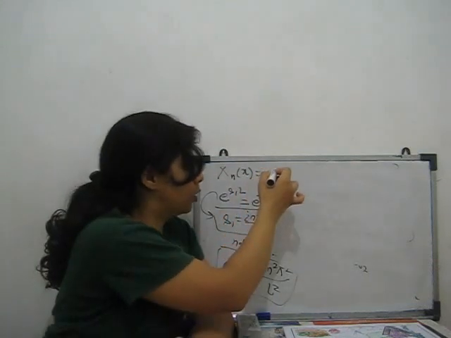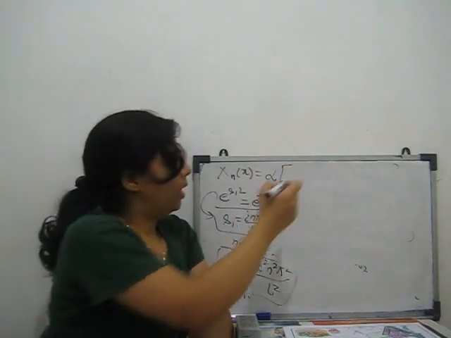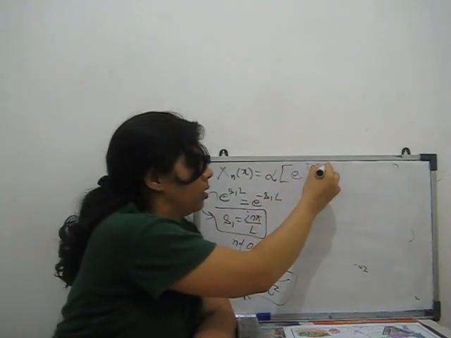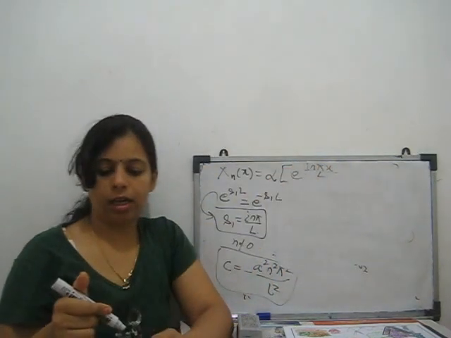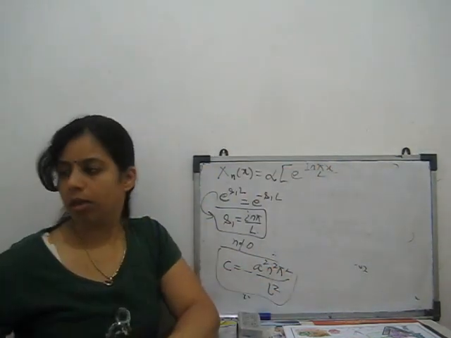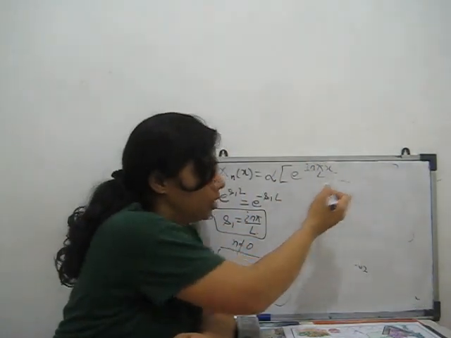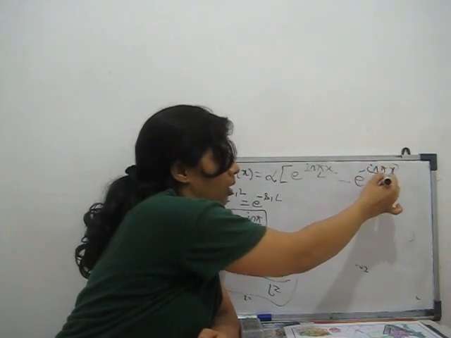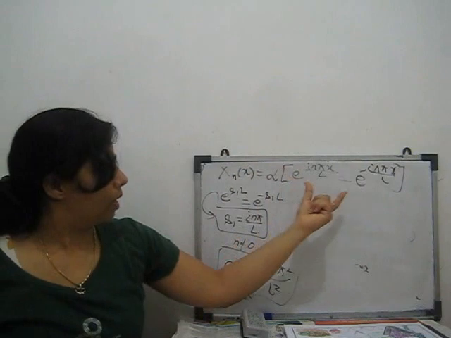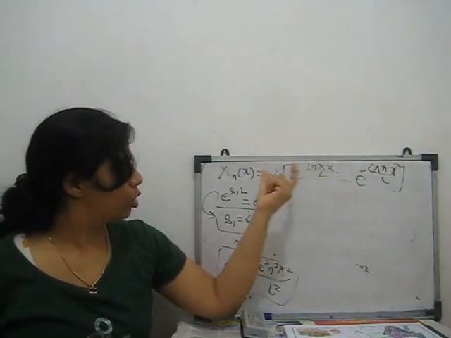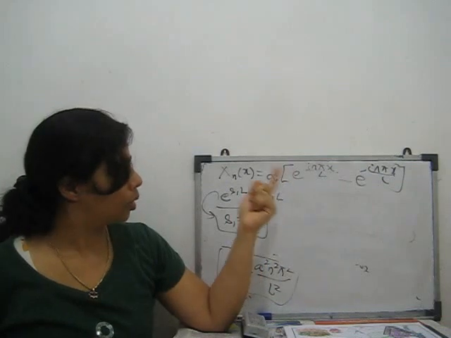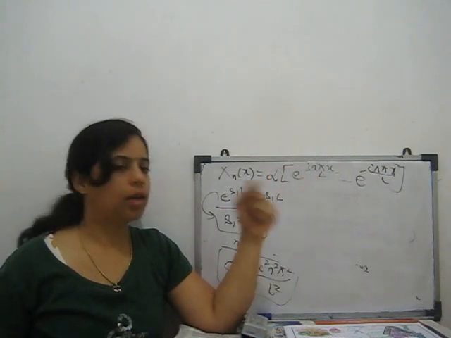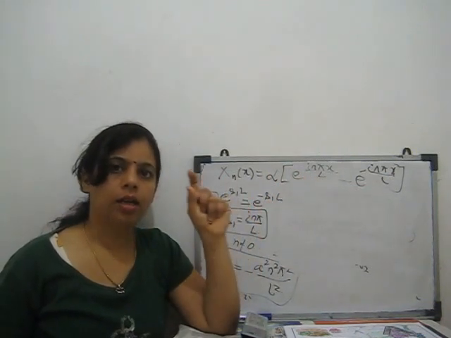So alpha equal to minus beta, so alpha times e to the power s1 x, where s1 is iota n pi x by L. Clear? Then for the second part, minus e to the power minus iota n pi x by L. When we combine this, it gives 2 times iota, because e to the power iota theta minus e to the power minus iota theta divided by 2 iota is sine theta.